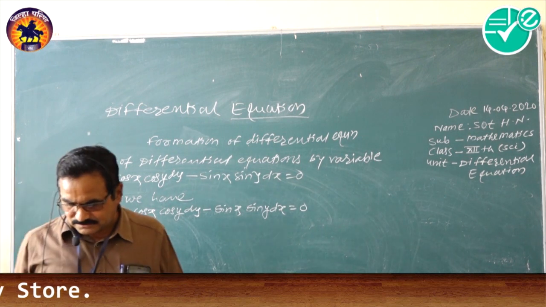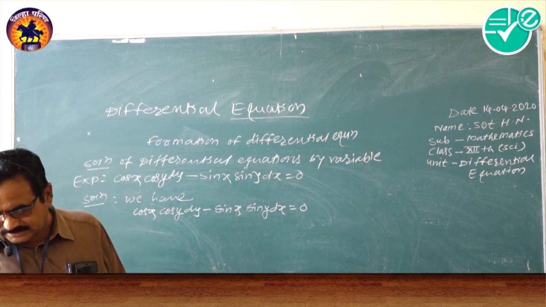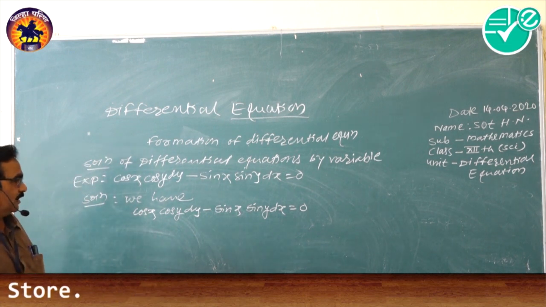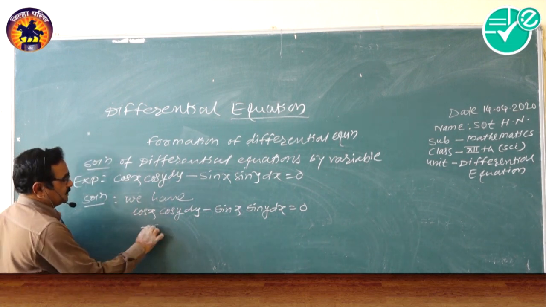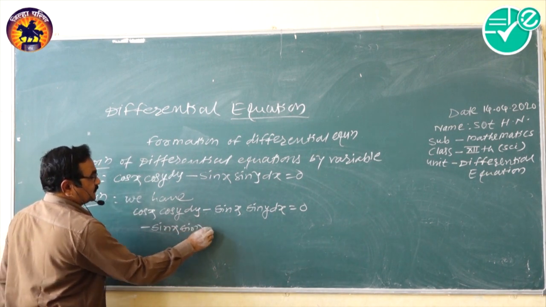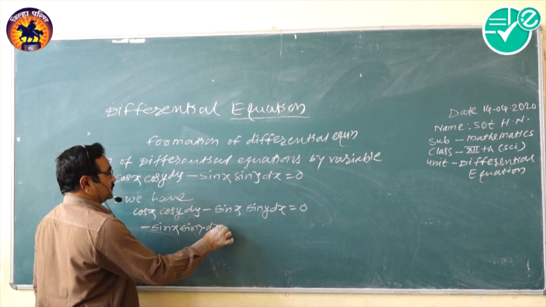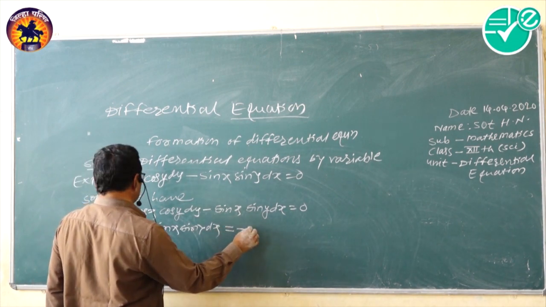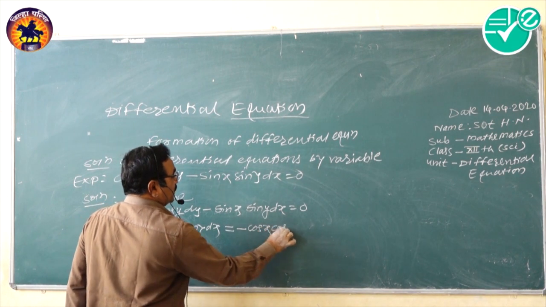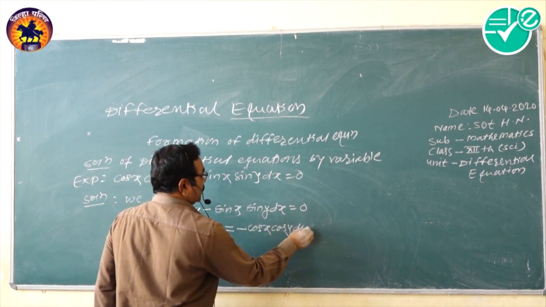We separate these equations by dx and dy. Minus sin x sin y dx is equal to minus cos x cos y dy.